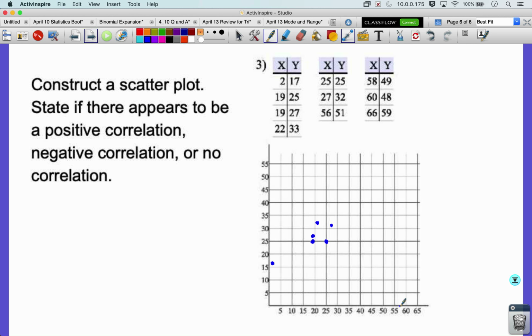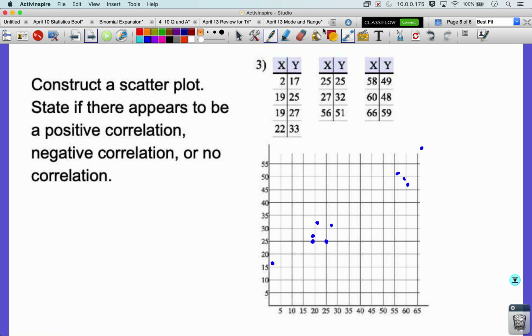56, so all the way over here, comma 51, all the way up here, 58, so just a little bit further over, 49, right up there, 60 comma 48, and 66 comma 59, and that's just a little bit off our graph, but that's okay, we can still see it.